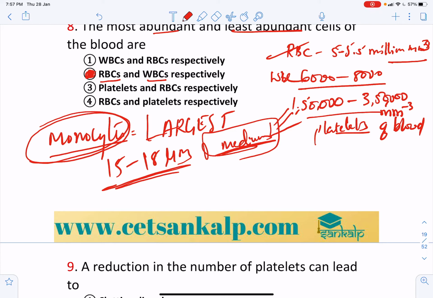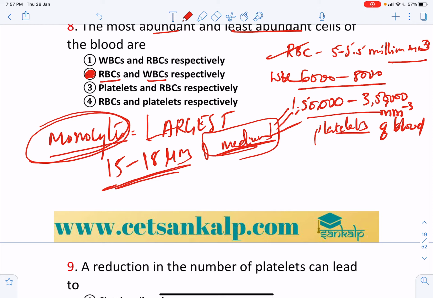And similarly, the smallest cell is the platelets, right? In this case 2 to 3 micrometer. So 2 to 3 micrometer, that is platelets. RBCs will be 7 to 8 micrometer.